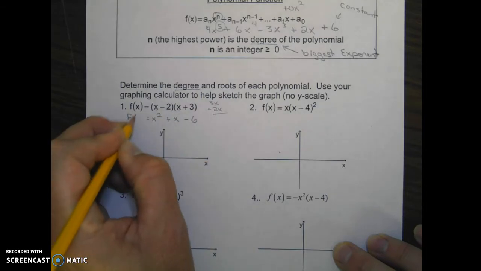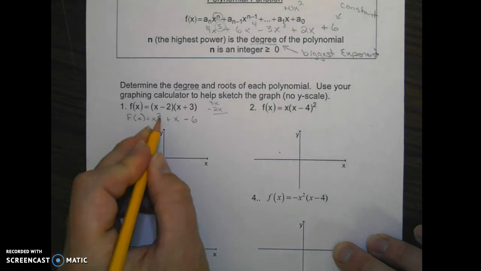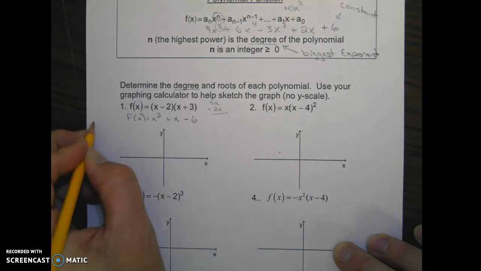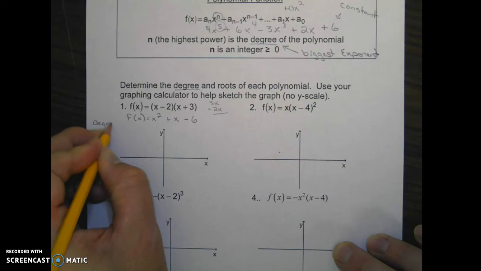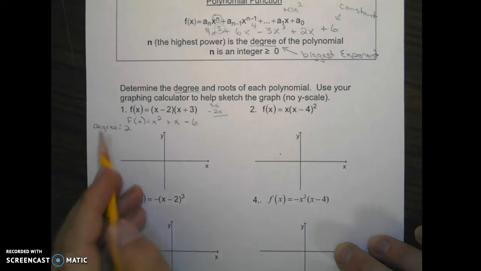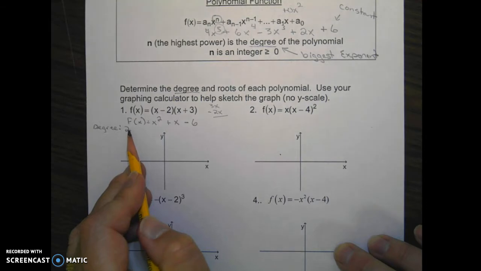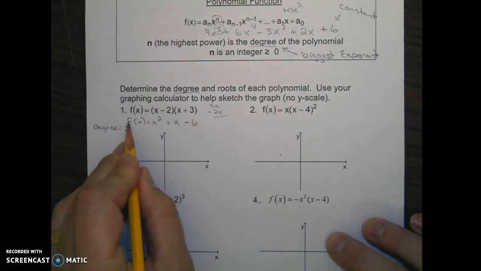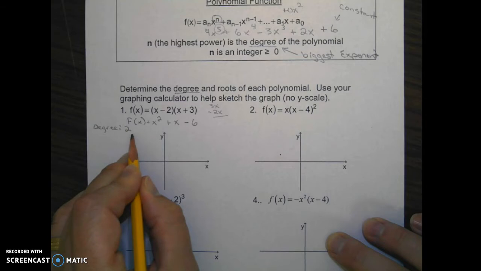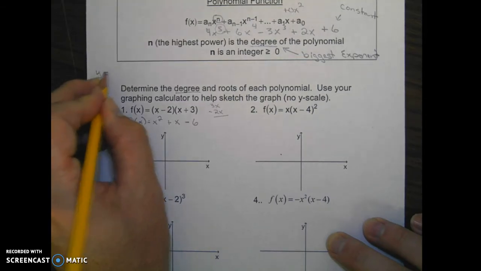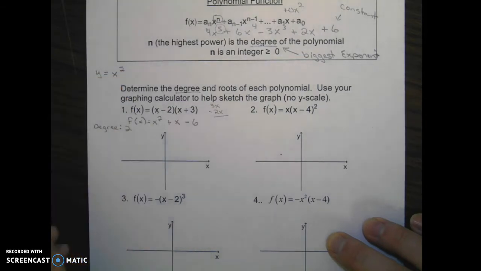So now we're in standard form, and we know the degree of our polynomial is 2. So when you have a degree of 2, okay, you're going to look at the parent for that degree. And the parent for degree 2 is y equals x squared.